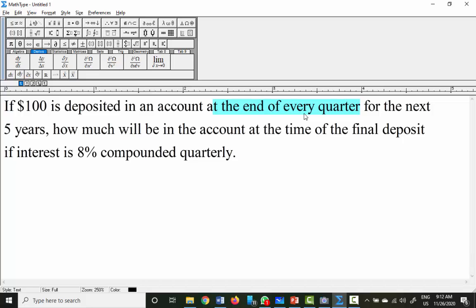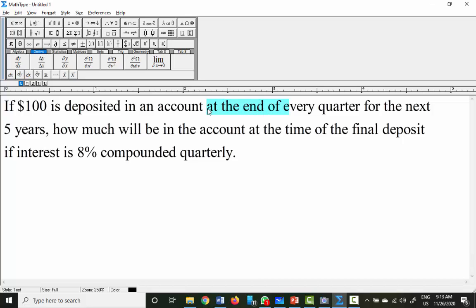In 1 year we have 4 quarters, so you are making 4 payments of $100 each. Multiple payments, so definitely an annuity. And since payment is at the end of each payment interval period, this is an ordinary annuity.